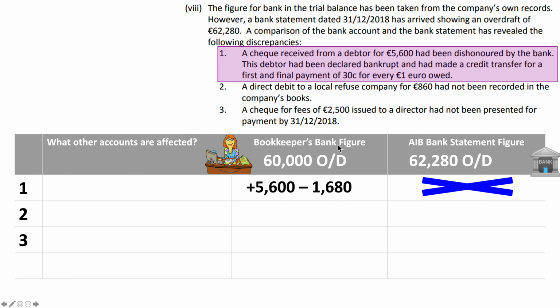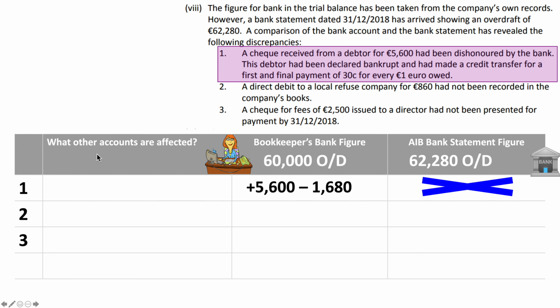Now, then we got a credit transfer for our first and final payment of 30 cents for every €1 owed. So 30 cents in the euro we got paid into the bank. So 30% of 5,600 is 1,680 that we got paid into the bank, which reduces our overdraft.